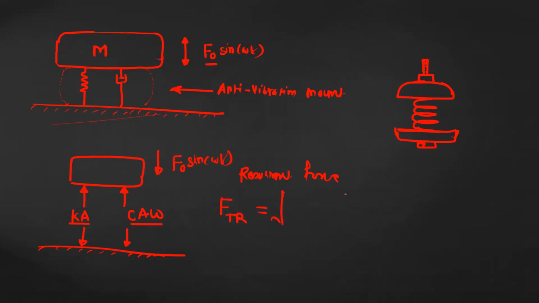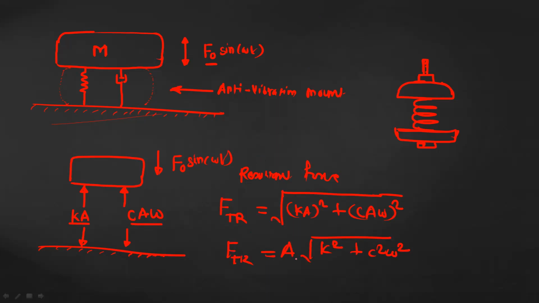This is equal to A times the square root of K square plus C square omega square. Here capital A is the amplitude of this mass.